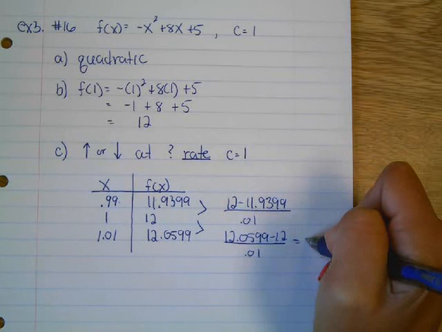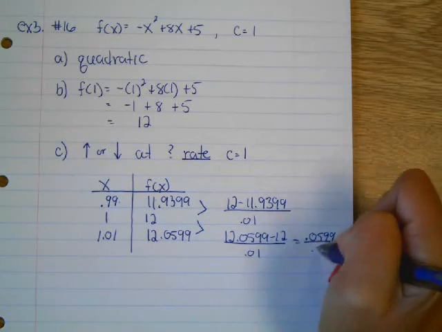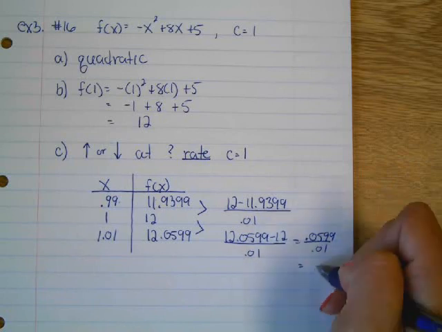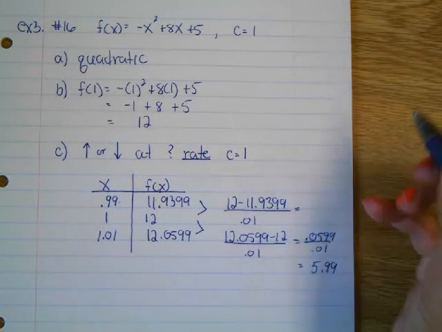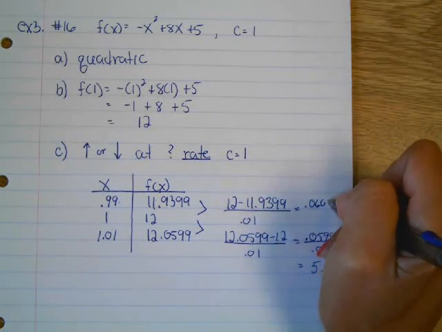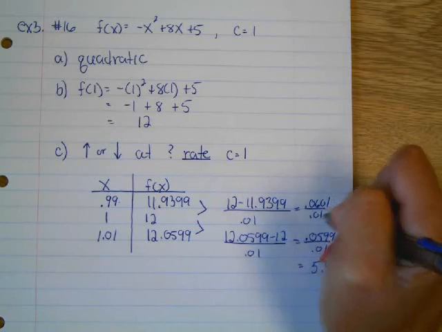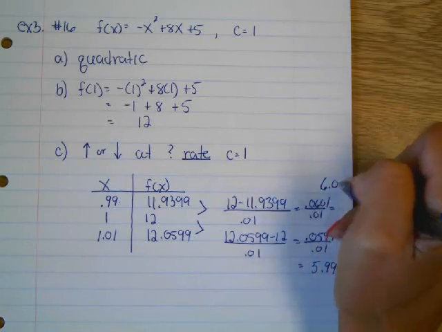This one I can do without a calculator. 0.0599 over 0.01 is going to give me 5.99. This one, I did pick up a calculator. I got 0.0601 over 0.01, which gives me, move it over to 6.01.